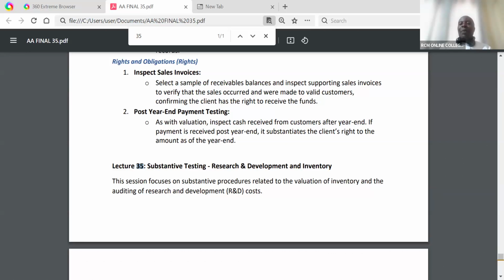Cutoff. So remember, cutoff expenses: items of 2025 should be financially reported under the year 2025. We should not have a scenario where sales of 2025 are being reported in 2026.